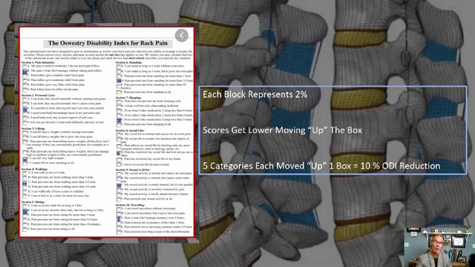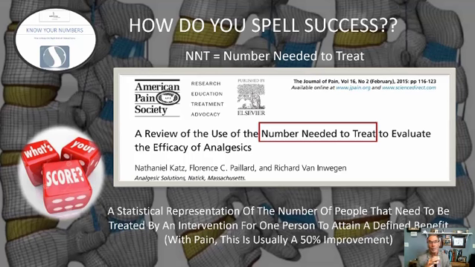So let's get back to this and talk about one more term, and that's the number needed to treat. And this mainly applies to medications. There are some statistics for other treatments like injections, but they're not as robust or accurate as for medicine.